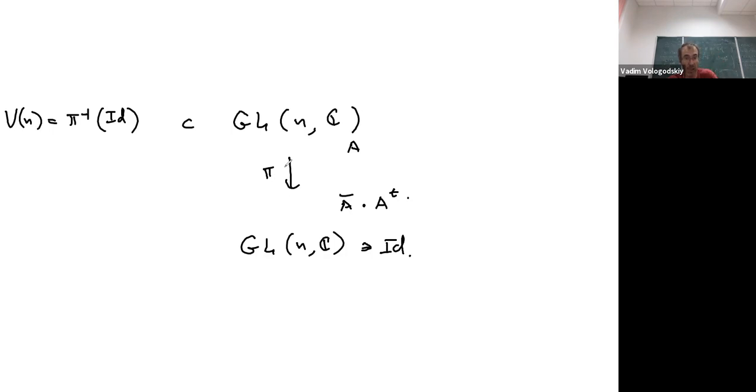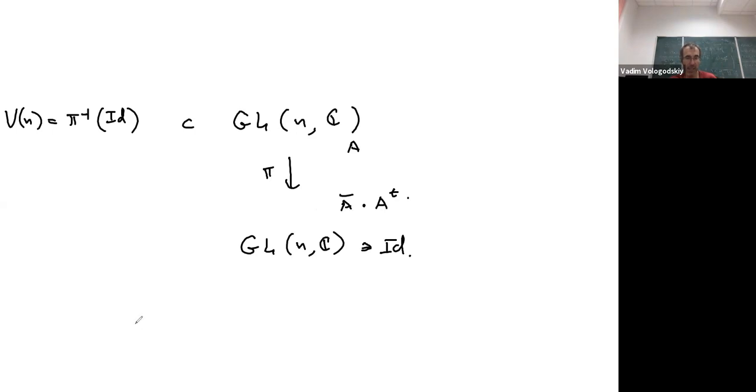So there are some tangent vectors which are tangent to U_N that go to 0. So it cannot possibly be the case that the derivative of pi is surjective. So we have to correct it, and in order to correct it, we have to use a different approach. Let's modify the target here.